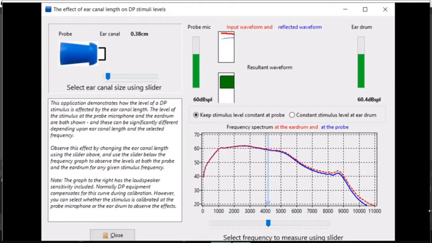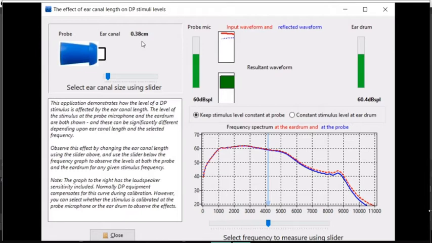And so we're going to just briefly introduce part of it. And at the top left-hand side, where the mouse pointer is now, you can see the probe fitted in an ear canal, and the ear canal length is represented up there, shown as 0.38 of a centimeter. And I can change the size of that ear canal using the slider just below that.